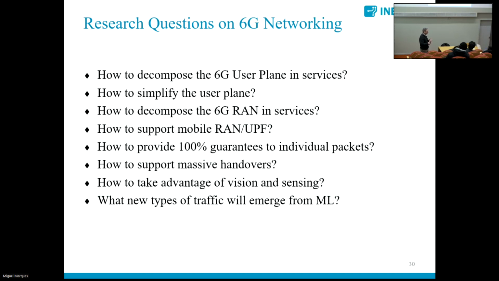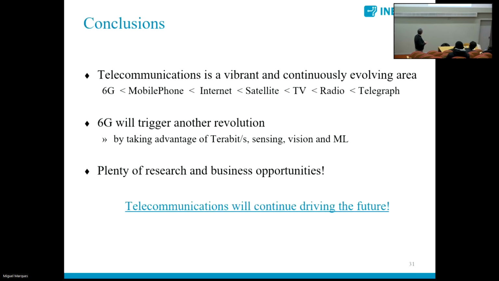So these are things that will have to be done for 6G. Some of these topics are in some way being developed at CTM. And so these are topics that seem to me relevant.